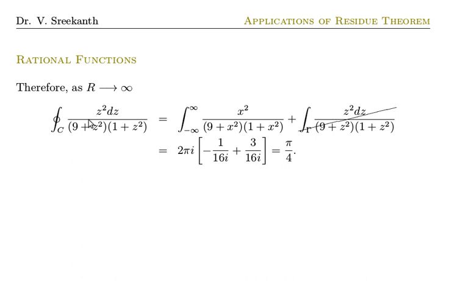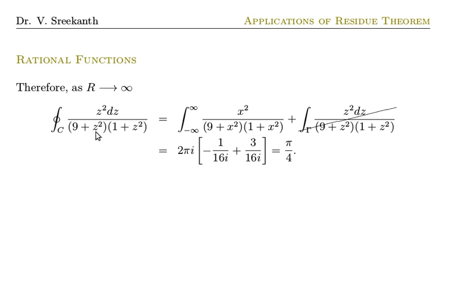We showed that when you have this complex integral of z squared dz by 9 plus z square times 1 plus z squared over the closed contour C, you saw it as nothing but, in the limit r goes to infinity, a real part from minus infinity to infinity, and then there is a complex part, and the complex part in the semicircle goes to 0, right?